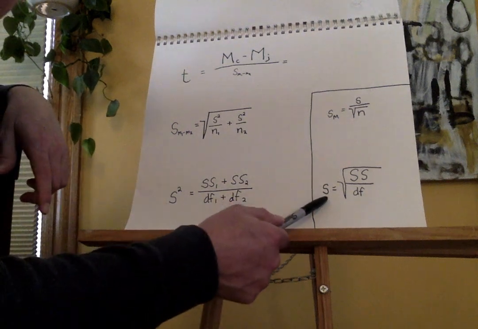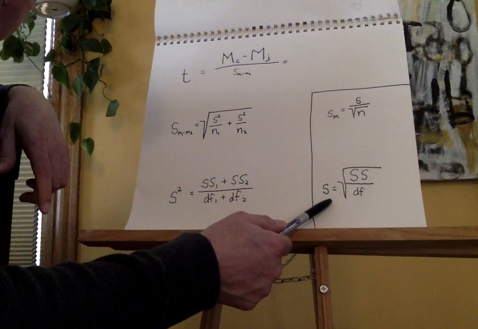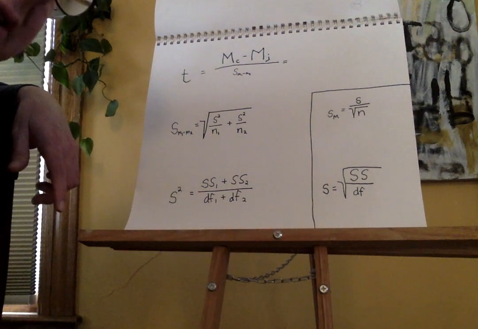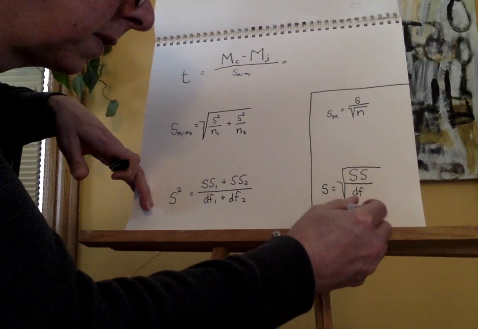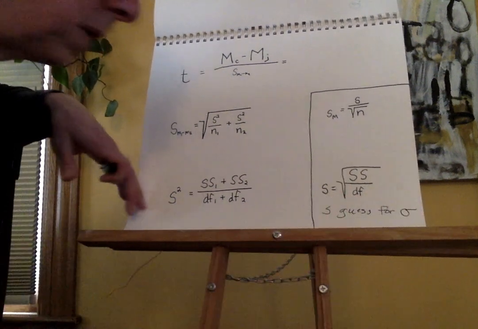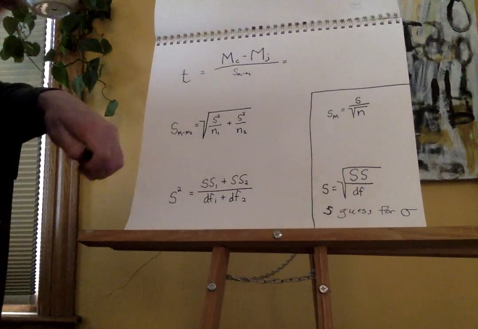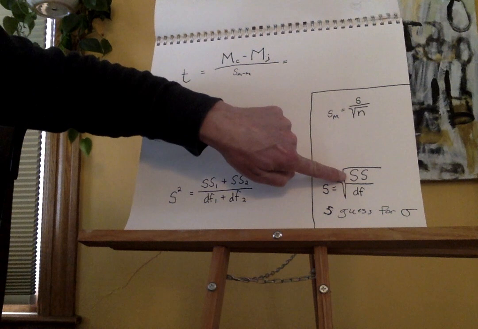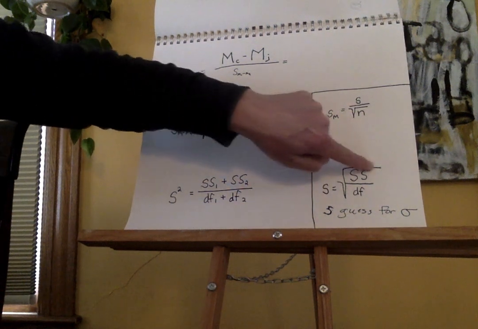We got S. Remember, S was our guess. What was it our guess for? S was our guess for sigma, okay? And we arrived at that by getting the sum of squares, dividing by degrees of freedom, and taking the square root.